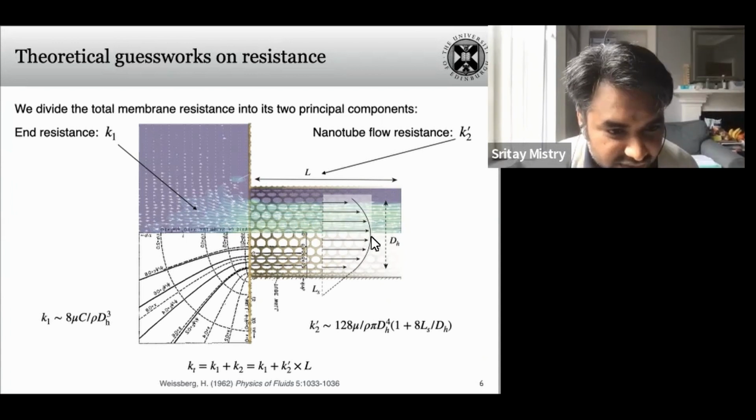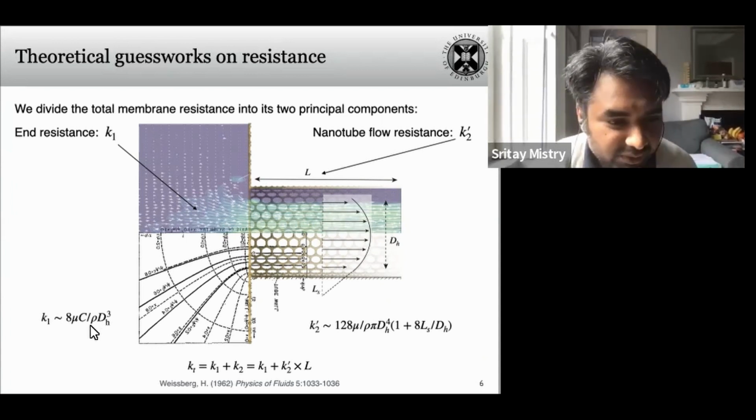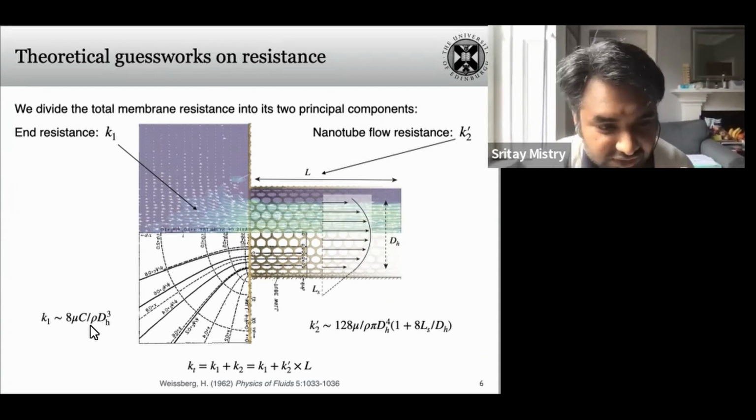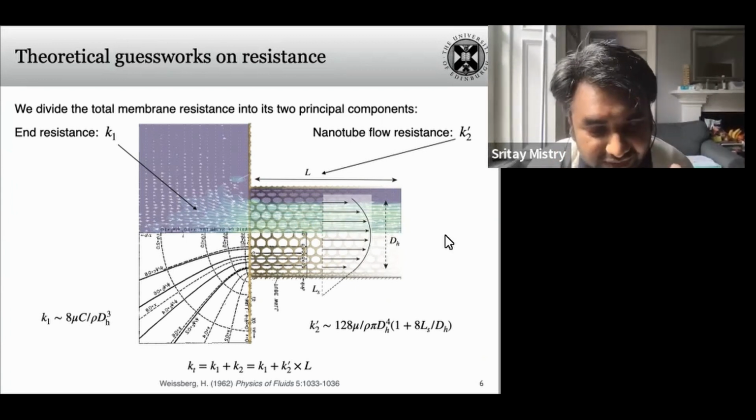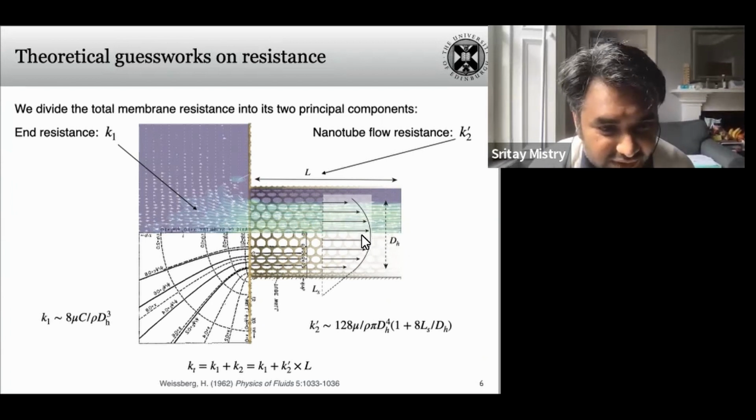As it is entering the tube, we have this term from the Weisberg equation, which gives the resistance, and we call this the end resistance, K1. For the resistance within the tube, we call it K2, or K2 prime when it's divided by the length, for a unit length, and that's given by the Hagen-Poiseuille equation.